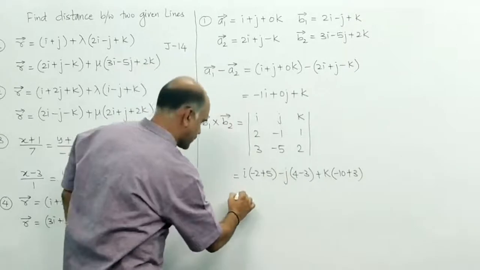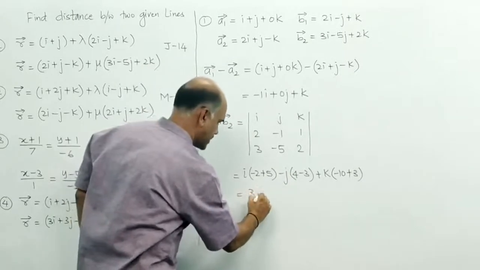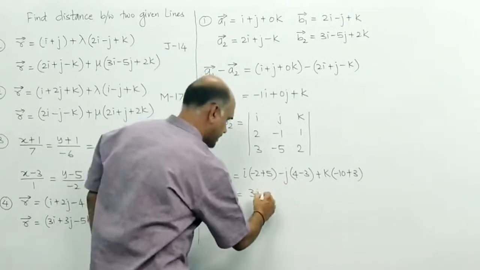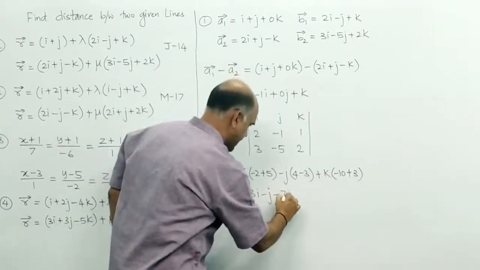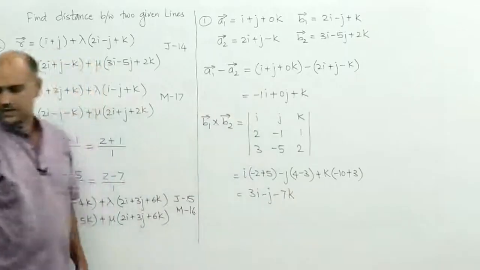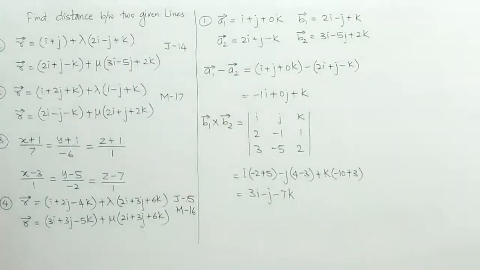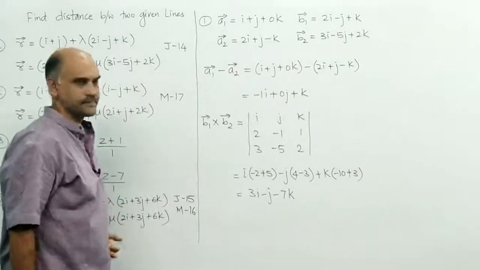So this is equal to 5 minus 2, we will have 3i; 4 minus 3 is 1, so you will have minus j; minus 10 plus 3 will have minus 7k. 3i minus j minus 7k. This is the second step.